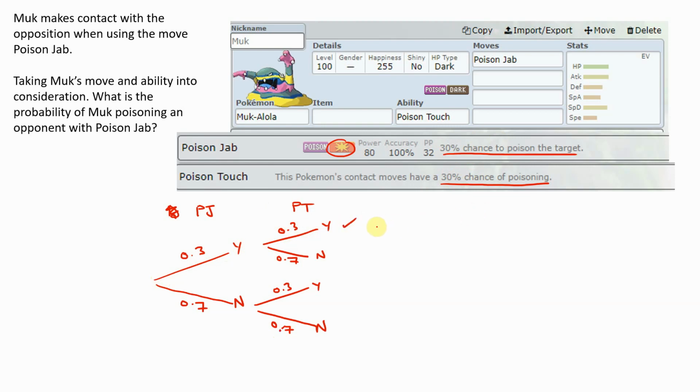It doesn't matter if we poison them twice, they're still poisoned. We can poison them through the move Poison Jab and then fail to poison them through the Poison Touch. That still poisons them. We can fail to poison them through the move, but successfully poison them through our ability, Poison Touch. And this is the only one that's not going to poison them.